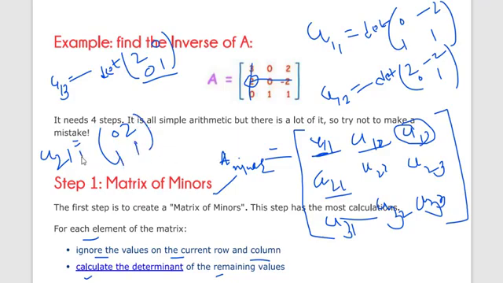This is the determinant of this matrix. And then whatever answer we get, we will put in A21. In all the steps you have to find the determinant of the remaining 2 by 2 matrix.